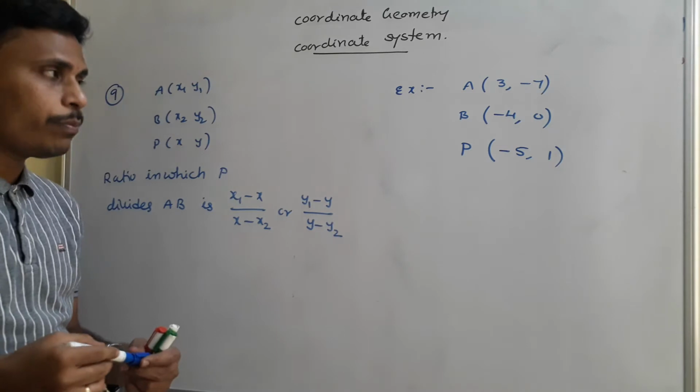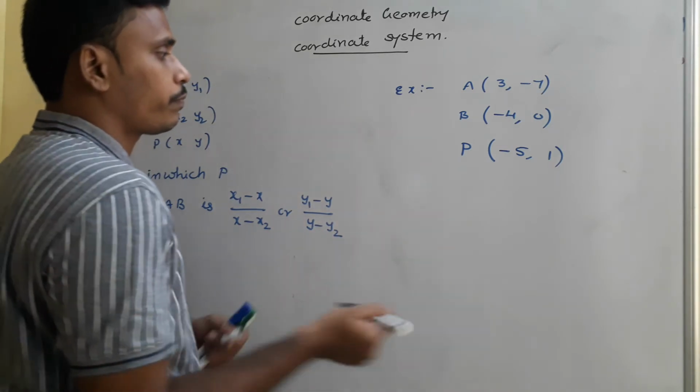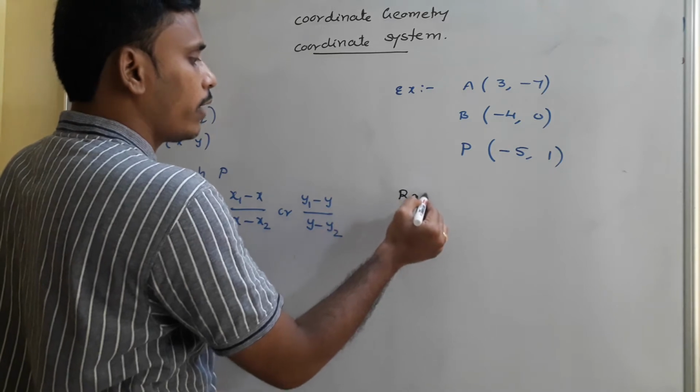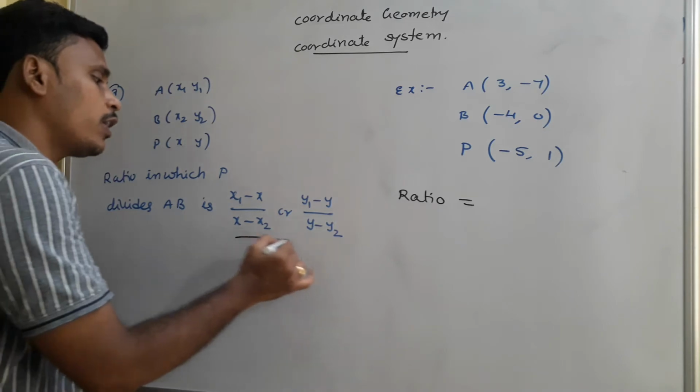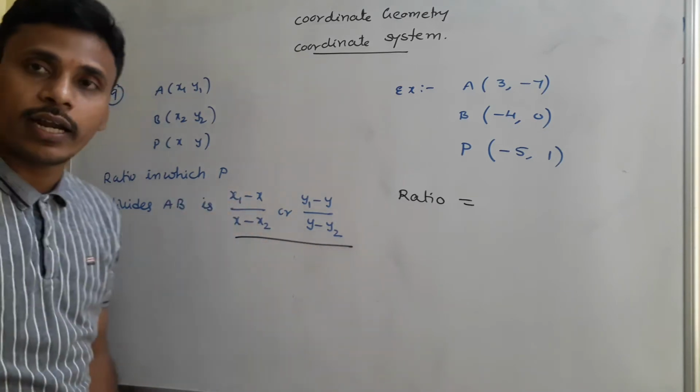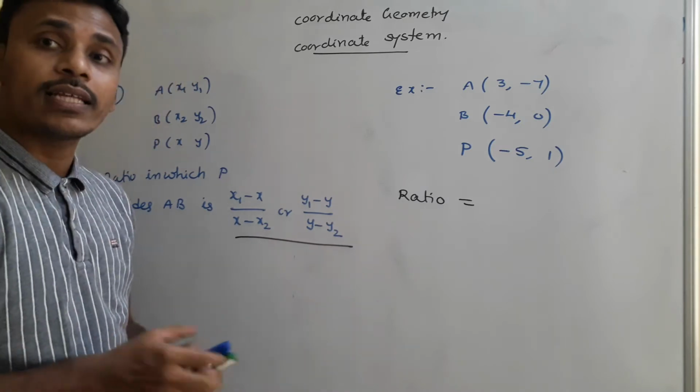A is given, B is given, and P is given. Now our task is to find the ratio. As per our formula, you can go with either x coordinates or y coordinates. In both the cases, we will get the same answer.